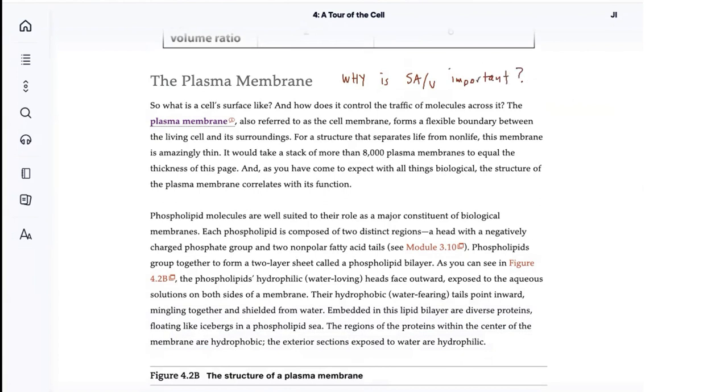Legitimate question, and I'm so glad you asked that, right? And the answer is that if you have a cell, whether it's spherical or cubical, it doesn't matter what the shape is, the surface area is all plasma membrane.